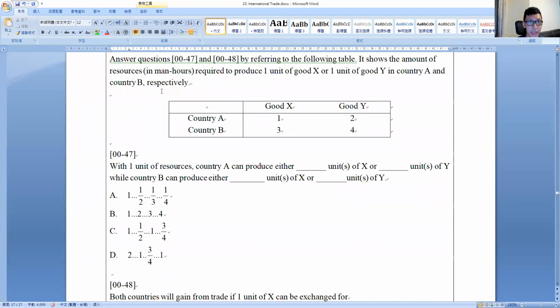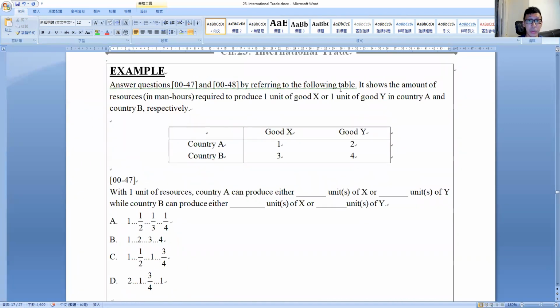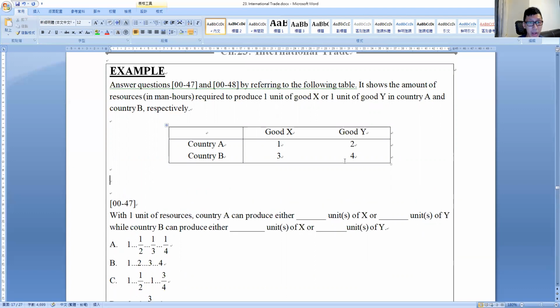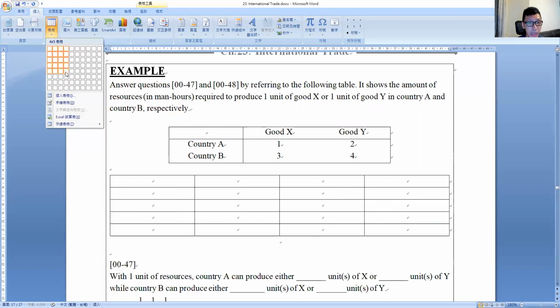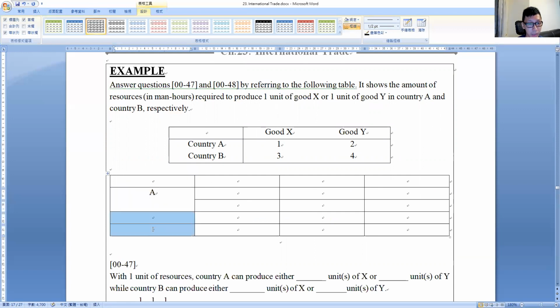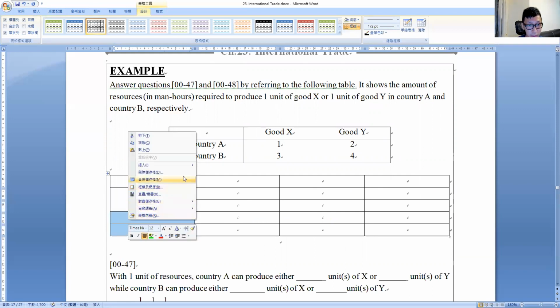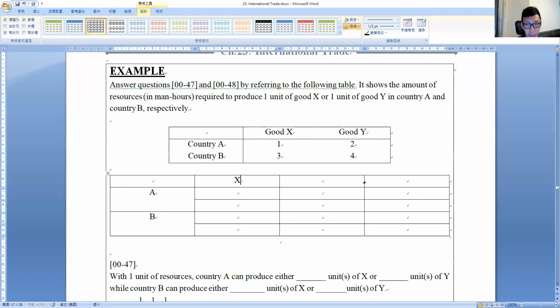Now here, we need to answer these two questions referring to this table. 我哋要返返呢個 table 啦。Okay. Now remember, when you see this kind of table, we need to transform the table into the table that we know. 我哋要將佢變返我哋識嘅樣子啦，好冇？This is country A, this is country B, and good X, good Y. We have our resources.